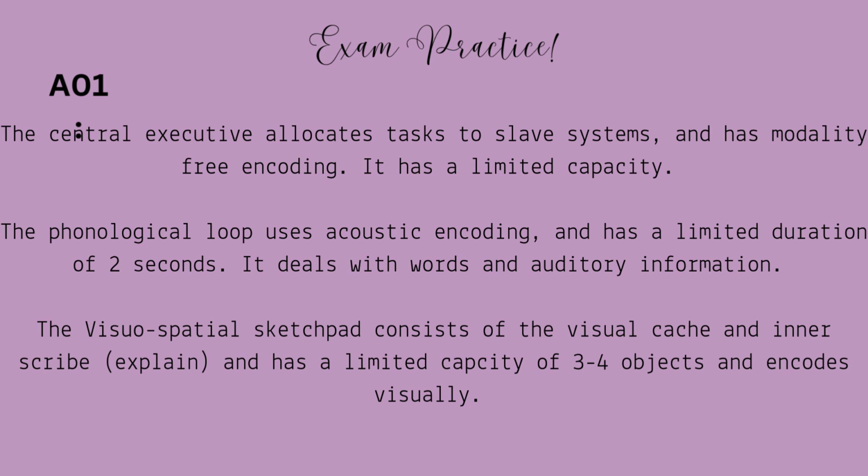For example, the phonological loop deals with words and auditory information. You can also include the type of encoding, the duration, the capacity, etc. For these kinds of questions, just think through it logically. Don't spend too much time answering it, because the mark scheme is pretty straightforward: you just need to name three components and then offer a brief description of each one to secure 2 marks for each component.